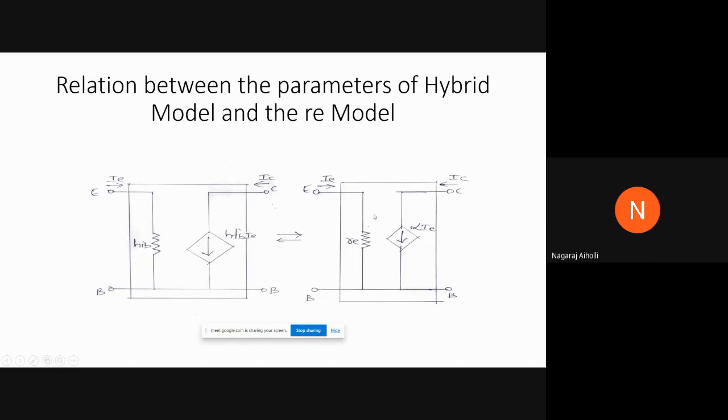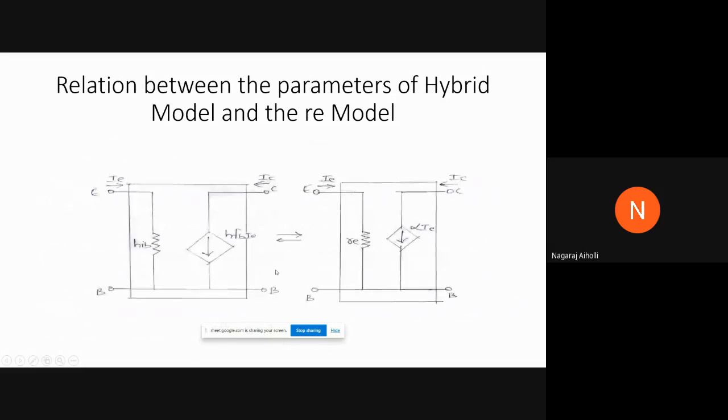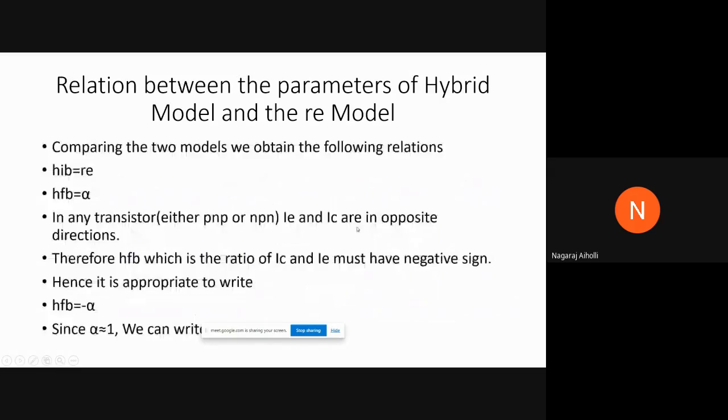But if we look into this, the emitter current and the collector current are flowing in opposite directions, right? Whether we are considering PNP or NPN, the IE and IC are in opposite directions. Therefore, HFB is nothing but alpha, because HFB is equal to alpha. This alpha is equal to IC by IE.